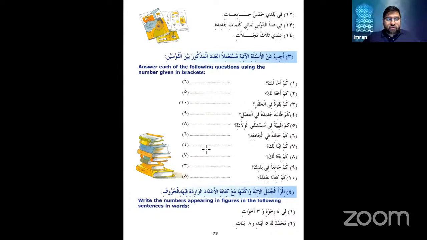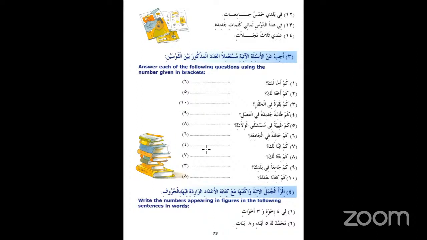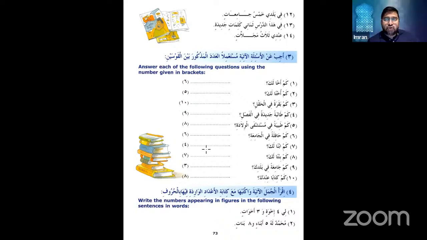And the next two, Sister Munira, 13 and 14. Yes. In this lesson there are 8 new words.